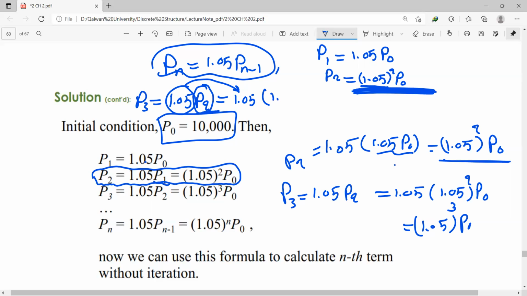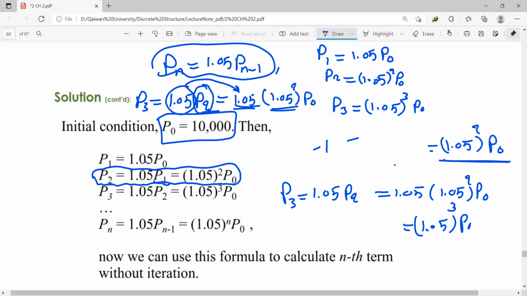Let's say it's x, that's x squared. So what do we get in multiplication? We get x cubed, so x is 1.05. That means P3 is 1.05 cubed P naught.